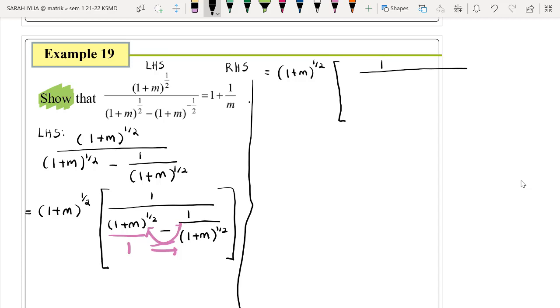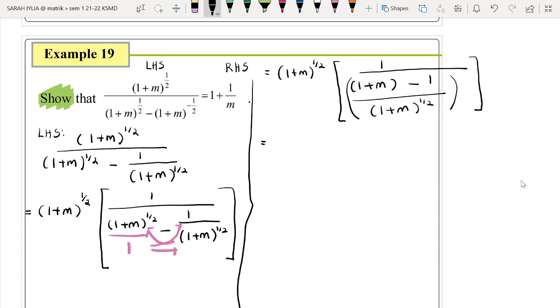Half plus half. Awak akan dapat 1. Maksudnya, kita akan dapat 1 plus m only. Sebab kuasa 1, tak payah tulis lah kuasa 1. Okay, minus with 1 times 1, that's basically 1. Divided by 1 plus m to the power of half. Okay, tulisan saya buruk sikit, harap you fahami.